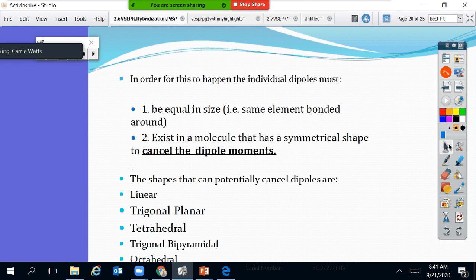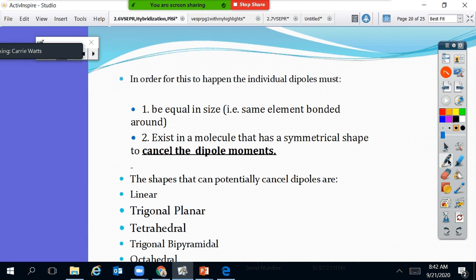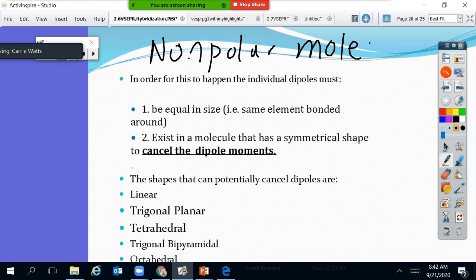Okay, so let's talk a little more about polarity. If it's going to cancel out, this is for a nonpolar molecule. Okay, not a bond, a molecule.